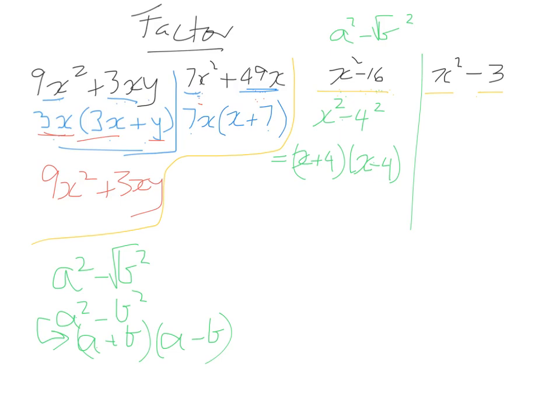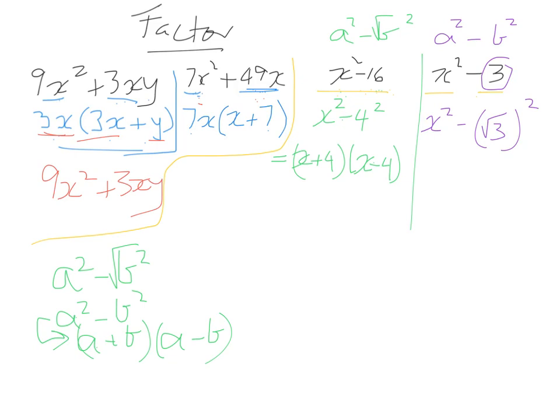Likewise for this thing here. We've got our a term, we've got our b term, squared, squared. So we've got to take the square root of this, so it becomes square root of 3. So this is x squared minus the square root of 3, and we'll square that.